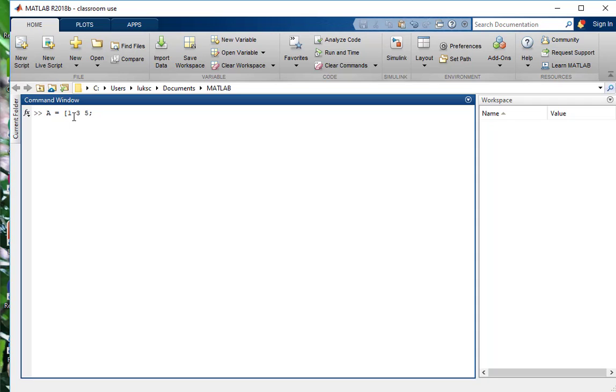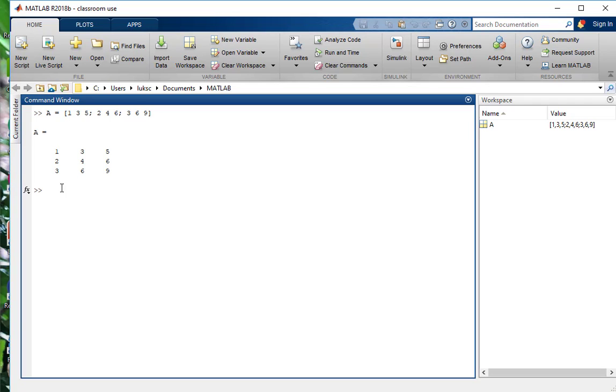And then the next row, so I put a semicolon to indicate the next row. And there we go. Okay, so I've got myself a matrix that I've entered here.